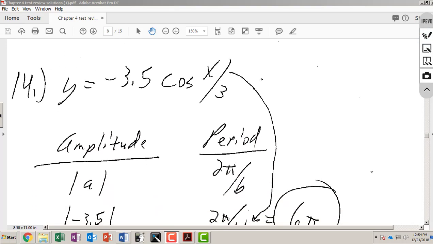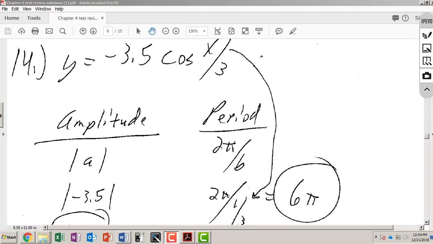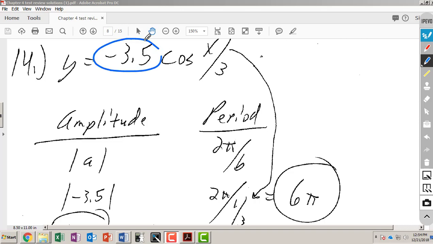On number 14, it says that y equals negative 3.5 cosine of x over 3. All this wants to know is the amplitude and the period. It doesn't want us to graph it. To solve this problem, I just have to remember that this first number right here is my amplitude number.